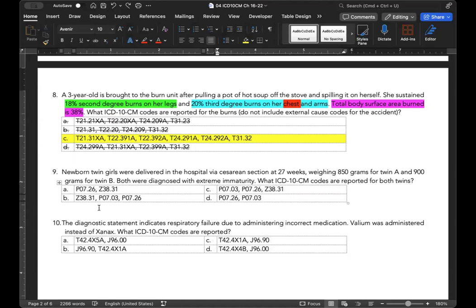So let's just go to Z38.31 real quick. Z38.31 is a twin live born infant delivered by cesarean.